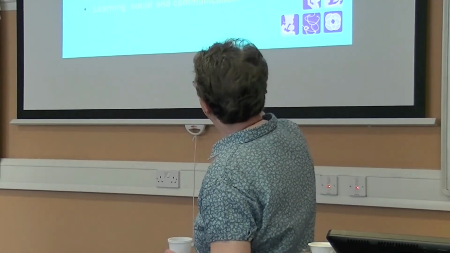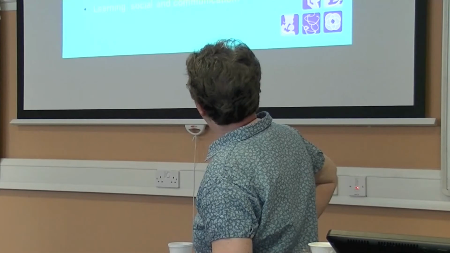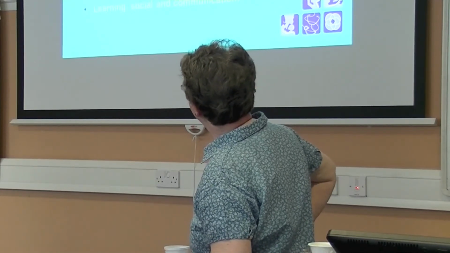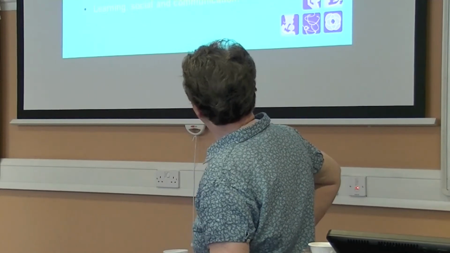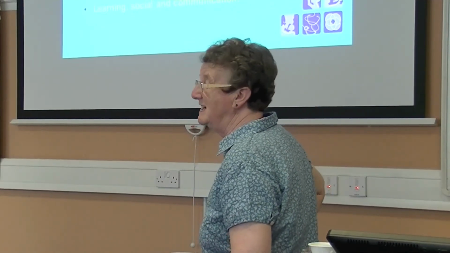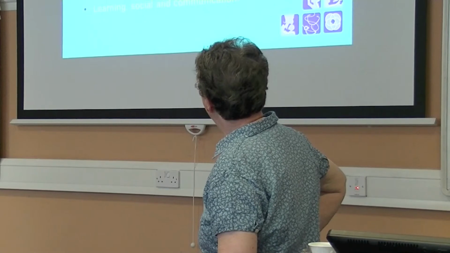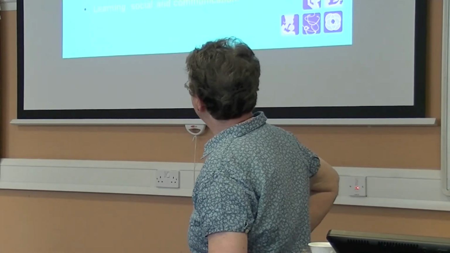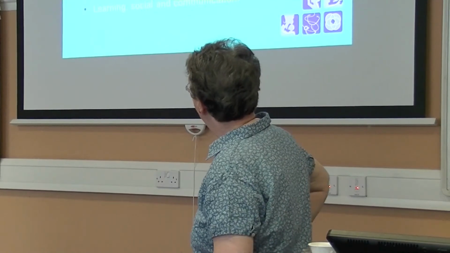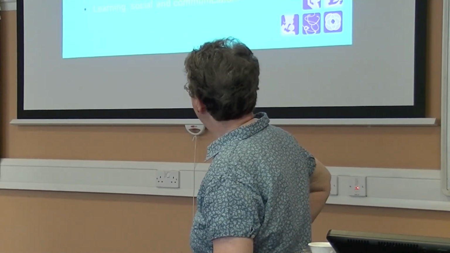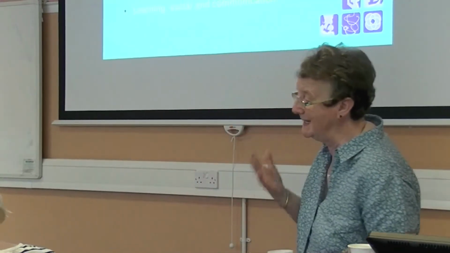Touch sensitivity, sound sensitivity, practical everyday activities, eating and feeding was one that we were discussing earlier with one of the teachers. Language concerns, and it could be echolalia, resistance to adult direction, resistance to change, repetitive behaviours, and learning social and communication. So it's some ideas of where to go next.